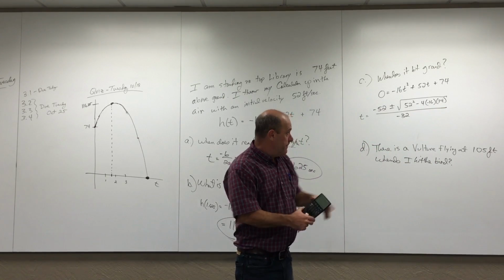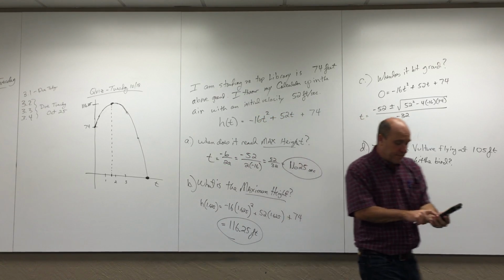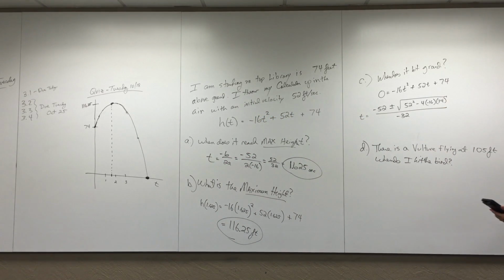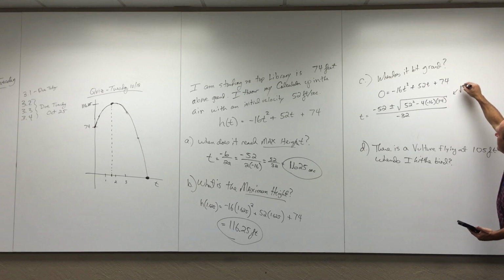I'm going to avoid writing too much. What I'm going to do is 52 squared plus 4 times 16 times 74, and I'm getting 7440. I'm going to do a little sloppy work here. That square root is 7440.